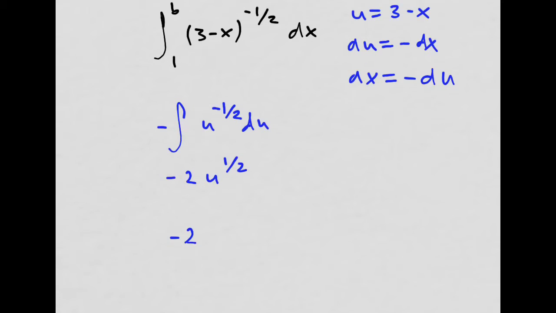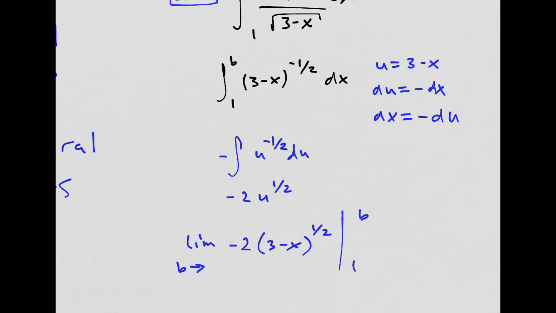Negative 2 times 3 minus x to the 1/2, evaluated from 1 to b, and the limit as b approaches what? 3. If we just wrote 3, it would be a two-sided limit. From the left.